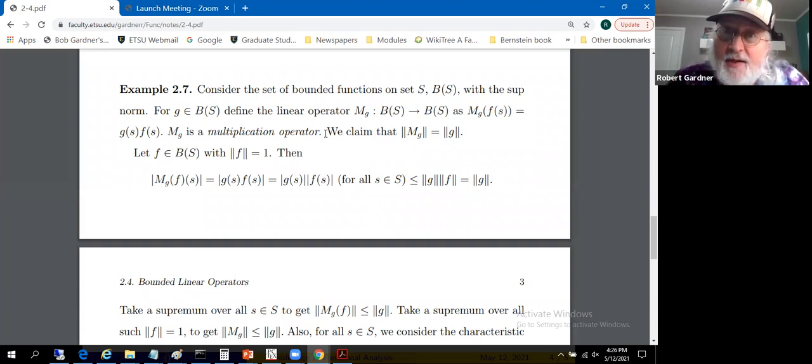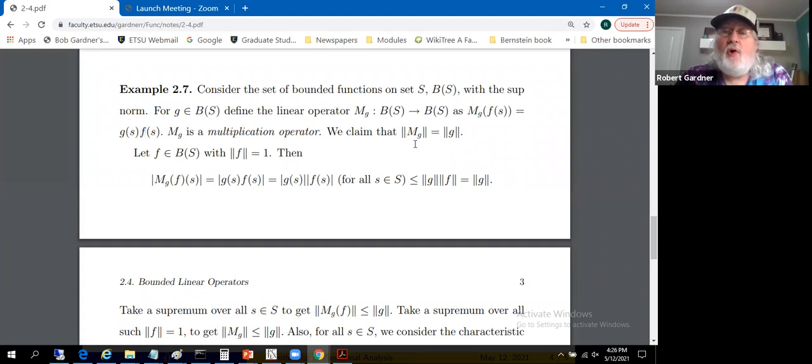That's why they denote it M sub G, M for multiplication, sub G, because what is F multiplied by? Function G. So you're simply taking any function F in B of S, and for this chosen function G, you're multiplying G of S times F of S and producing a new function.